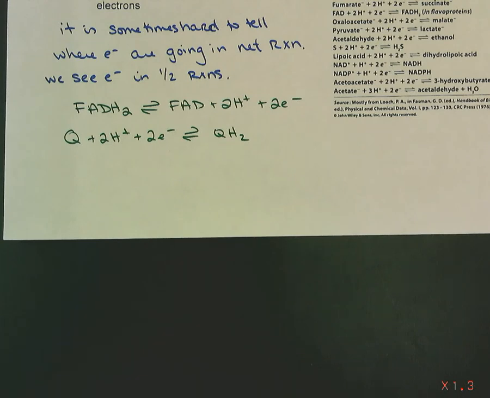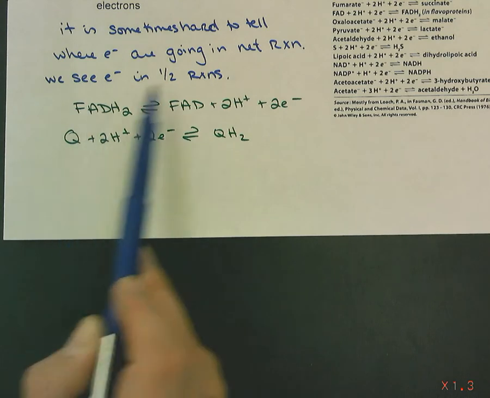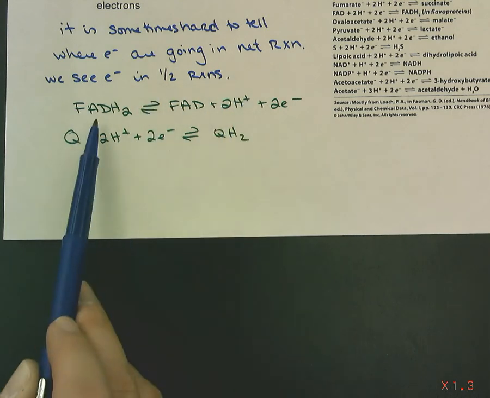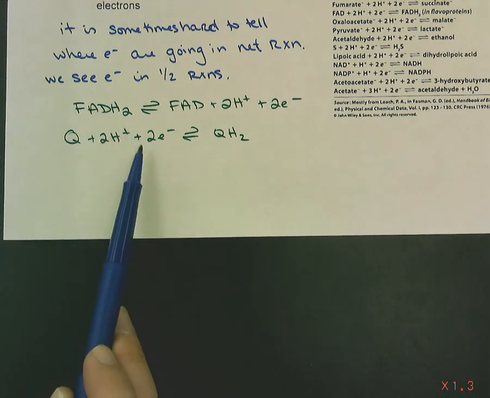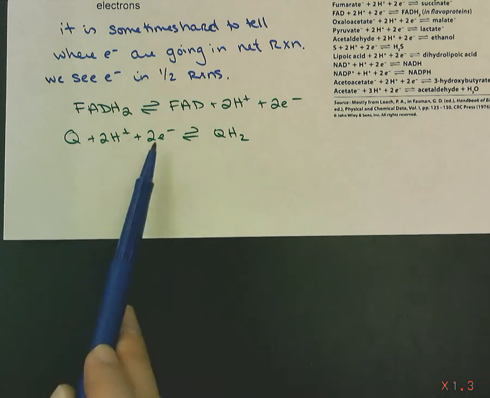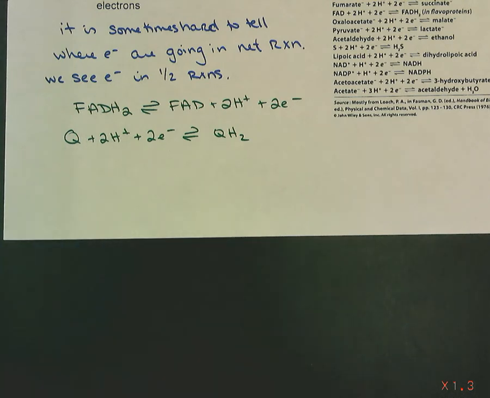So it's easier to see that the FADH2 has lost the electrons because now they are products. So now it's more obvious that FADH2 is being oxidized. The Q is gaining 2 electrons to become QH2, and if it is gaining, it is getting reduced. So if you get stuck, break it into some half reactions, and it'll be more obvious who's gaining and who's losing their electrons.